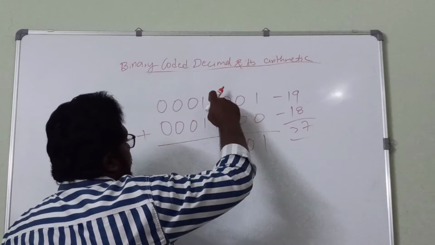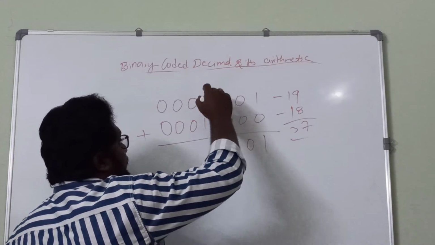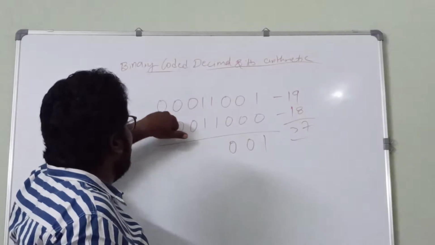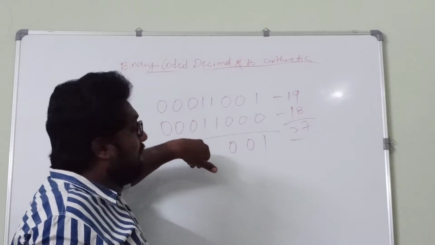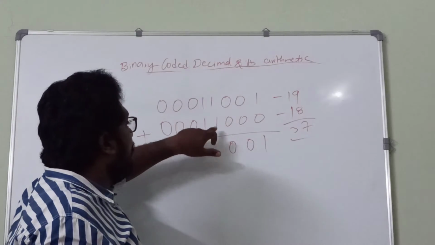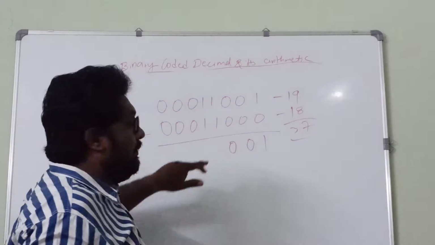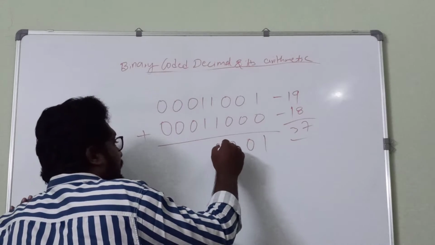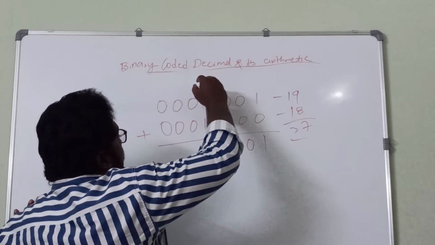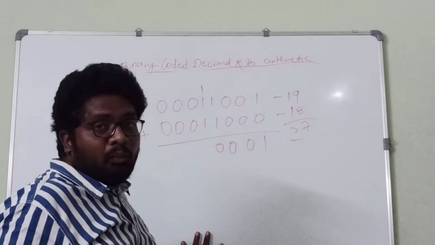So on adding this we are getting 1 0 0 1 1. Here these 4 bits are 1 nibble and these 4 bits are another nibble. The same way we are having the other nibbles, right? On adding 1 and 1 we are having a resultant of 0, and we obtain a carry 1.